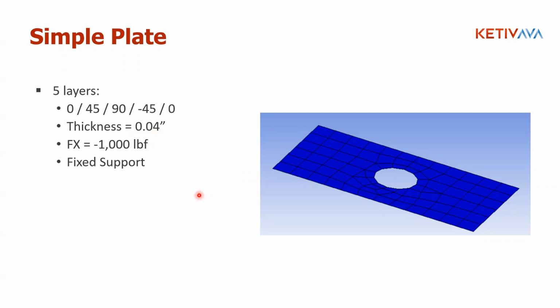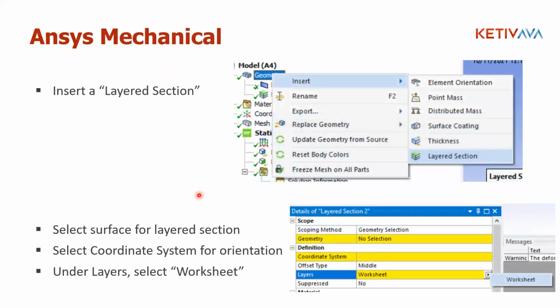Okay. So to do that in Ansys Mechanical, the first thing you need to do is insert a layered section. Once you define a layered section, you need to specify what geometry this layered section applies to. You need to define a coordinate system.